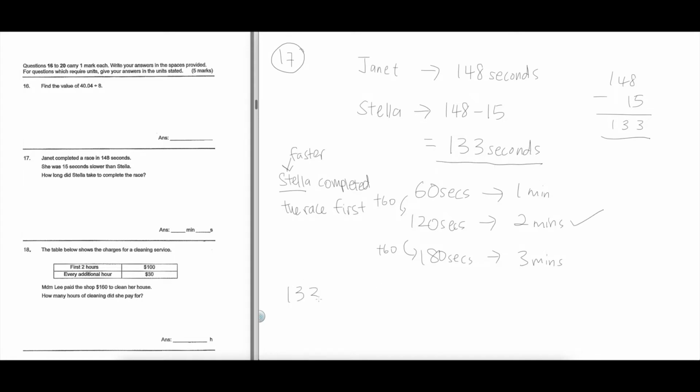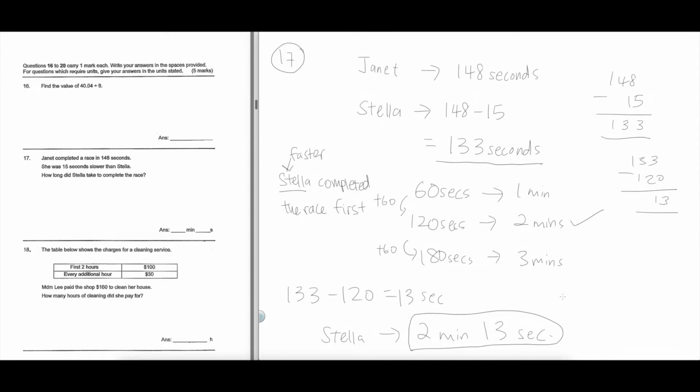I take 133 minus 120, and I'm going to get 13. So Stella took 2 minutes and 13 seconds to complete the race. Alright, this is the answer.